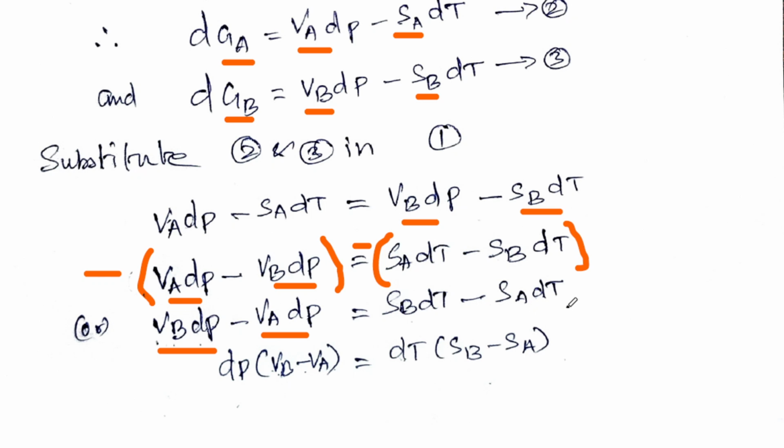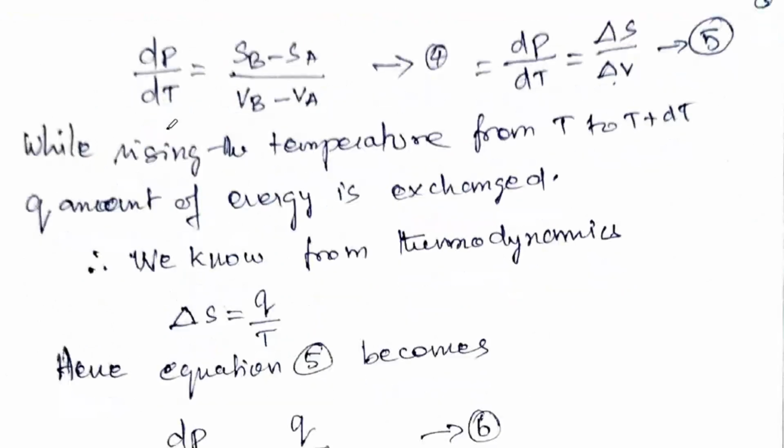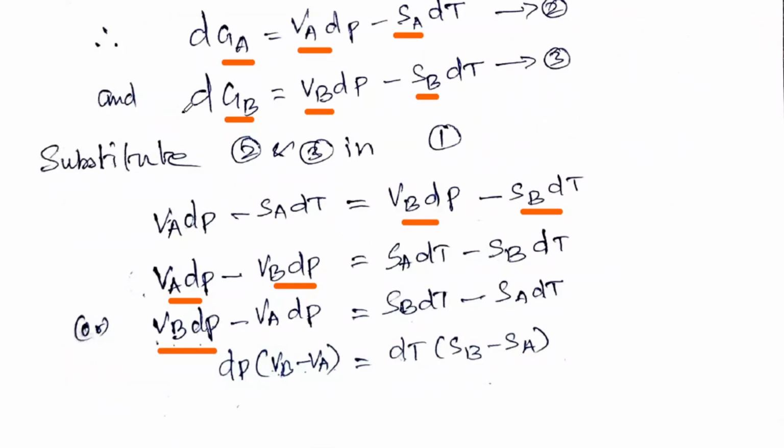Taking dP common, we get Vb minus Va, and taking dT common, we get dT into Sb minus Sa. Now consider the same equation for dP by dT.